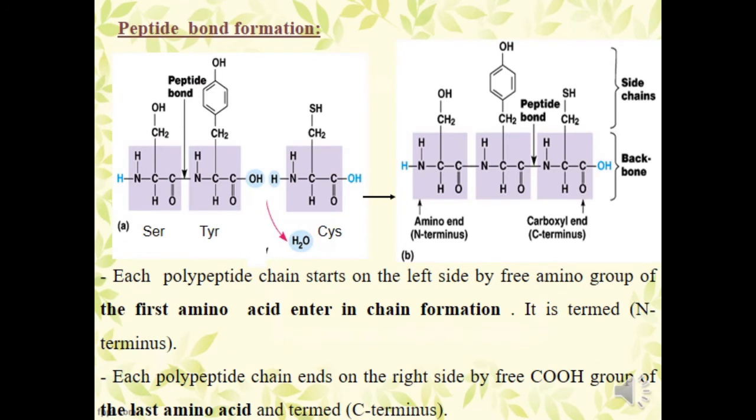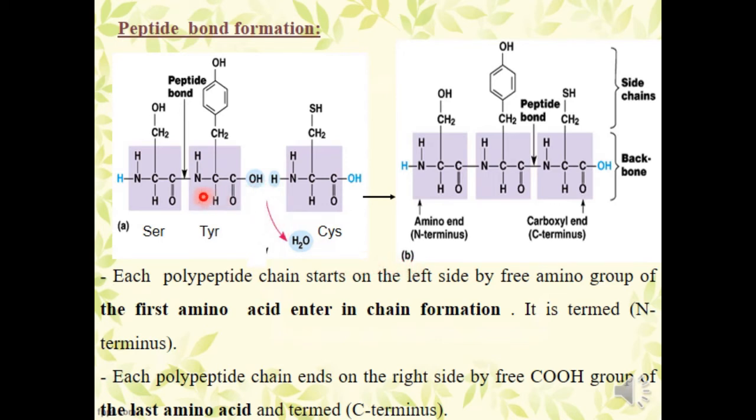So this is an example of the formation of peptide bonds. We have serine here, one amino acid, and tyrosine here, one amino acid, and they are joined by a peptide bond, and during this formation, one molecule of water is removed.